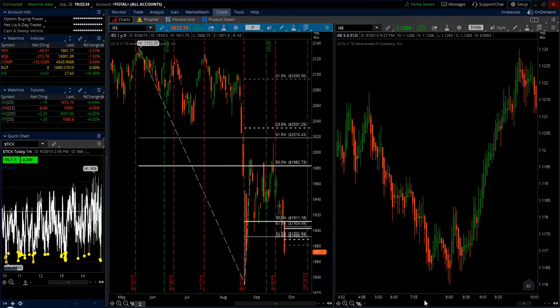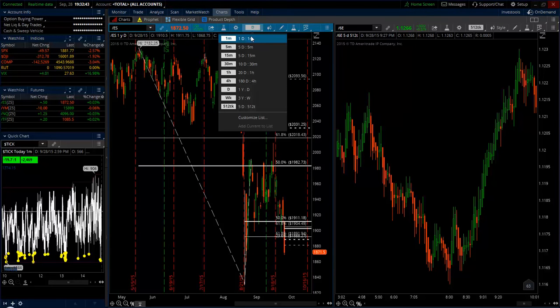The other thing I added to my chart, if I come up here to the quick time frame drop down, there were a number of time frames already compiled here, but I wanted to add this 512 to the list so I can quickly flip back and forth.